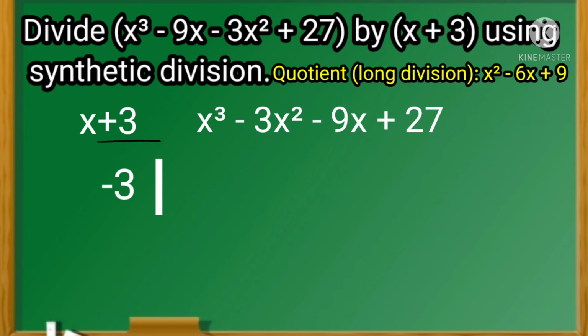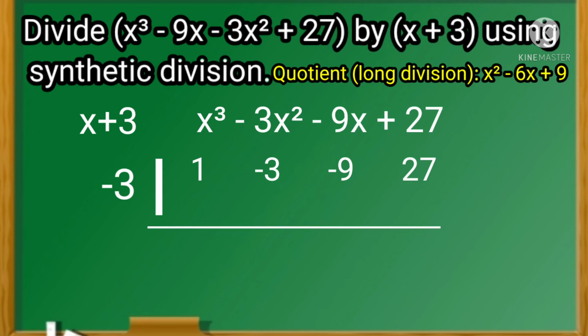Change that one into negative 3. Then, the coefficients of the dividend will be also written here. Positive 1, negative 3, negative 9, and positive 27. Then we will bring down the first coefficient of the dividend, which is 1.